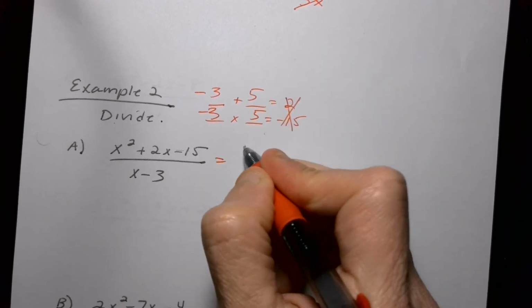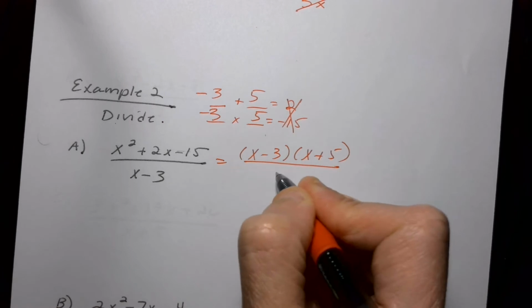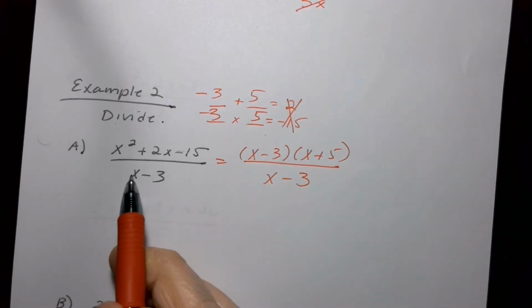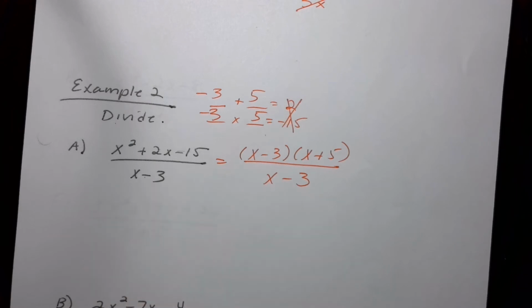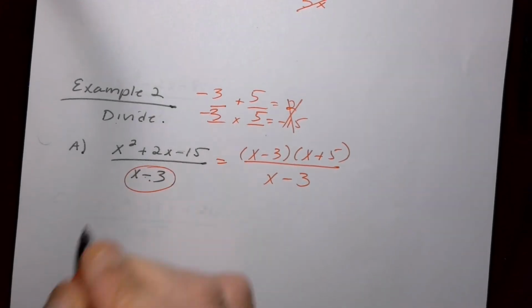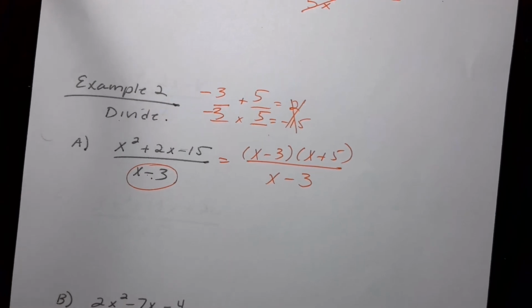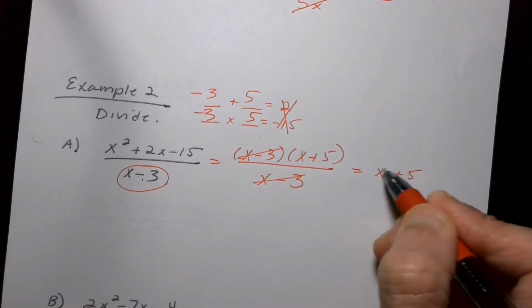So we're left with x minus 3 and x plus 5 all over x minus 3. Because remember, I can't cancel here. These have plus minuses, a minus. If I'm going to cancel this x minus 3, I have to cross off the entire thing together. They're married, okay? So this and this go now.